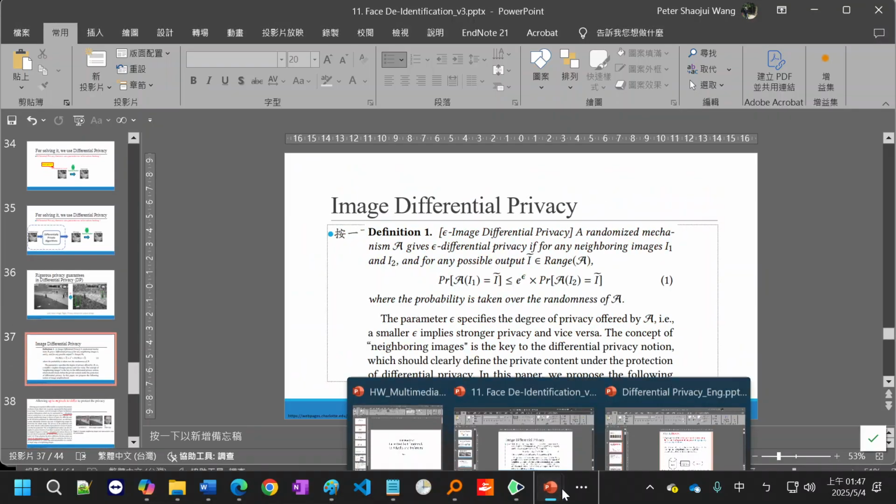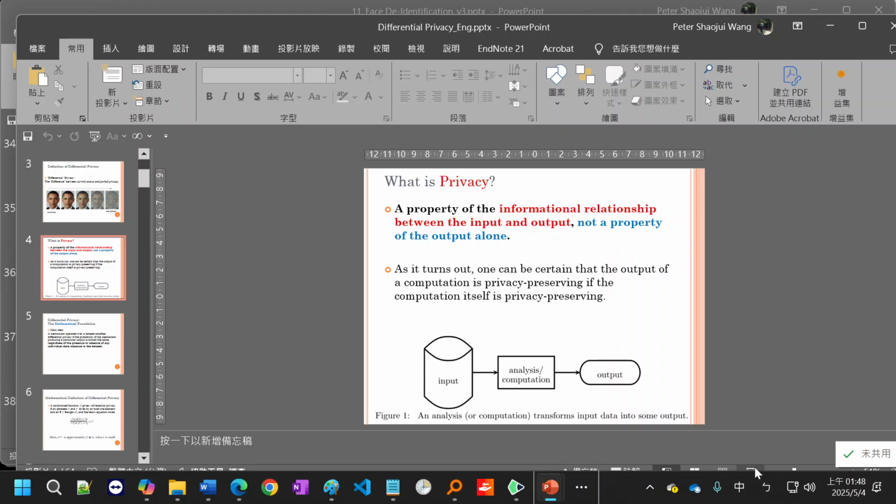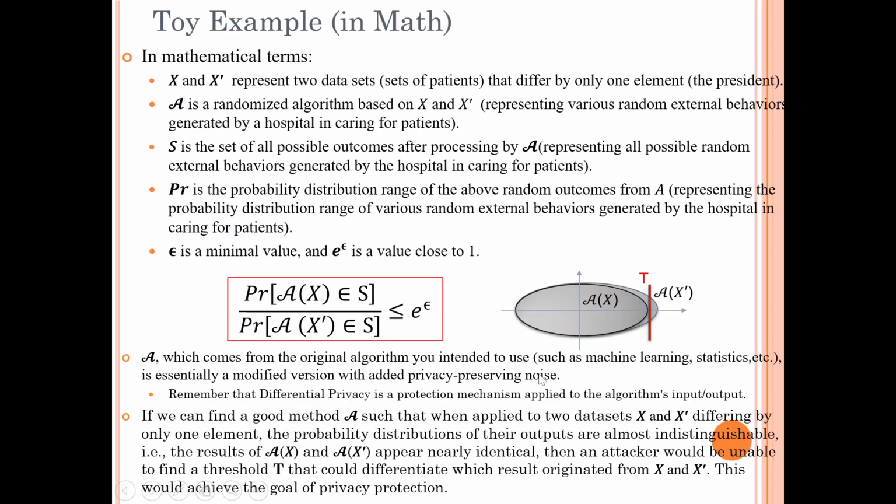When we introduced the basic idea of differential privacy, I said we have the data set X, and we also have a data set very similar to data set X. We call it X prime, and X and X prime may differ by only one data record.